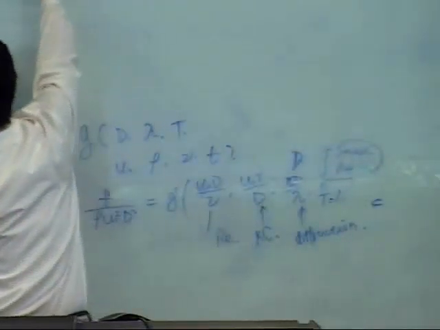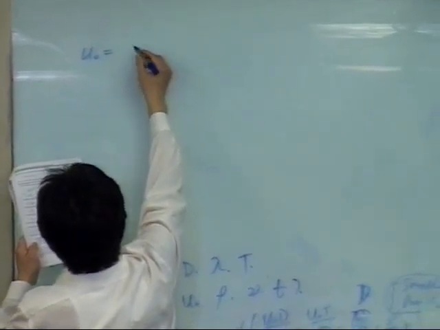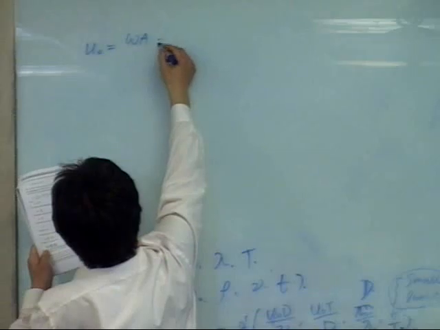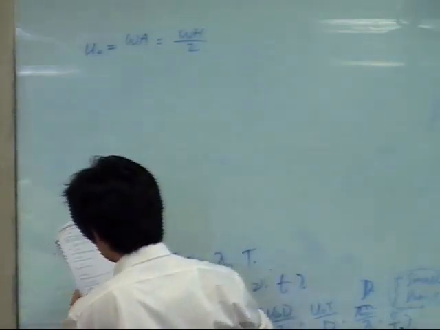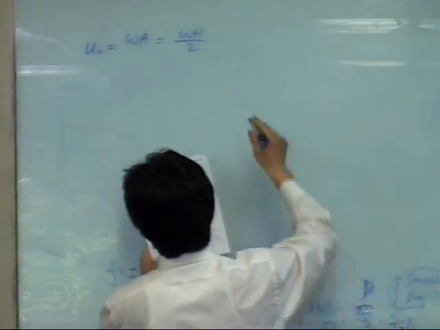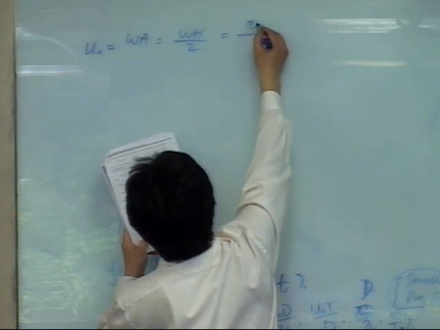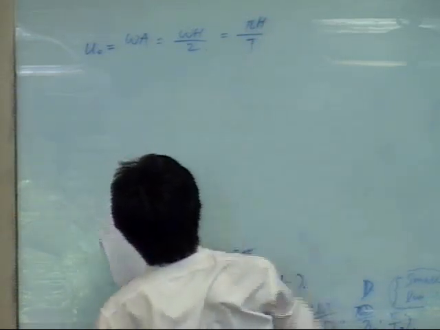So U now equals omega A, right? Omega H over 2, and it also equals pi H over T, right?